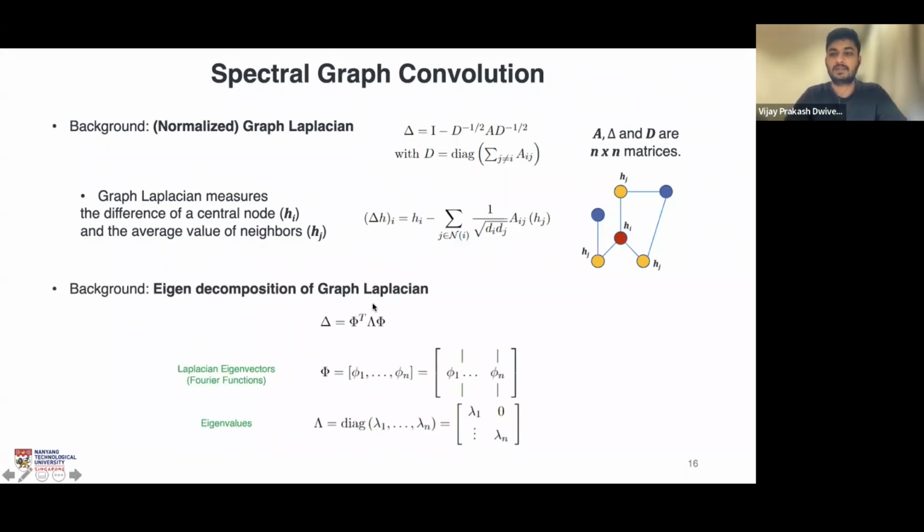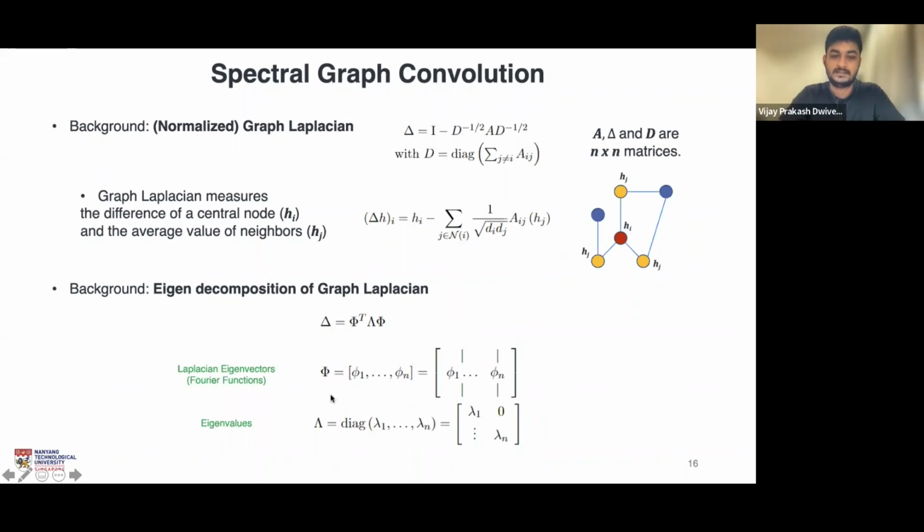This Laplacian can be decomposed by eigen decomposition to obtain the Fourier functions, which are the Laplacian eigenvectors. The eigenvector matrix has eigenvectors from 1 to n, and the eigenvalues form a diagonal matrix with the eigenvalues from 1 to n corresponding to each of the eigenvectors.